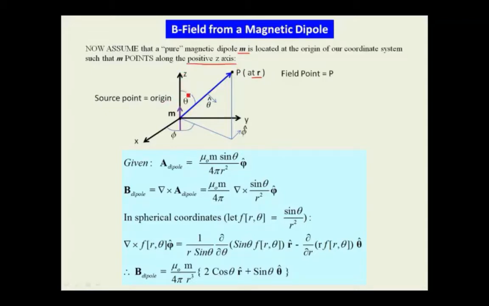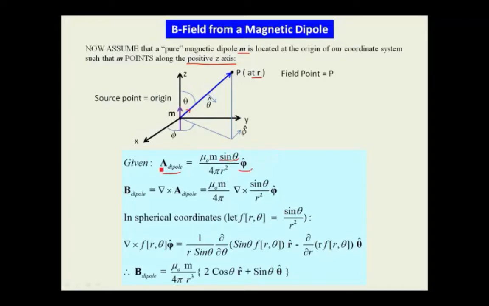So then theta is the angle to the r vector, and if you remember, the little r hat is in this direction, and our theta hat is in the direction of increasing theta. I've drawn it here as a little unit vector. If we take our A dipole and take the cross product, that'll give us a sine of theta, and of course, when we do that, we're going to get a phi hat direction for the vector potential.